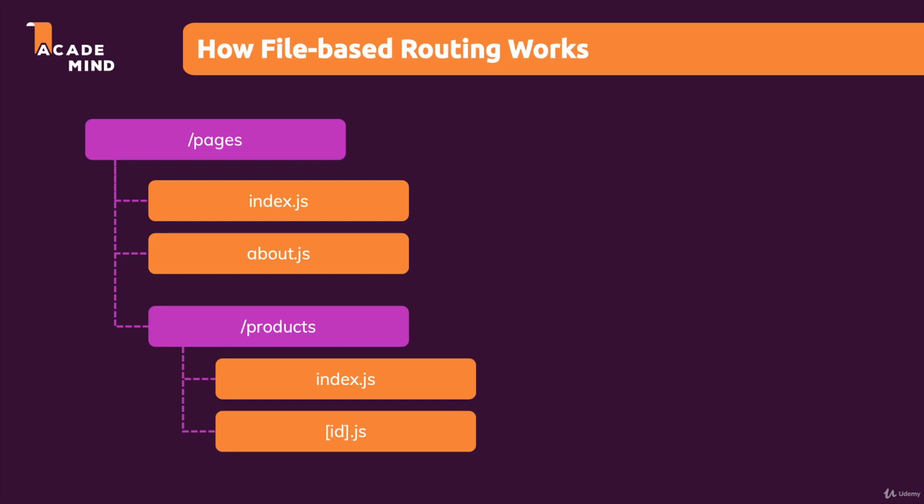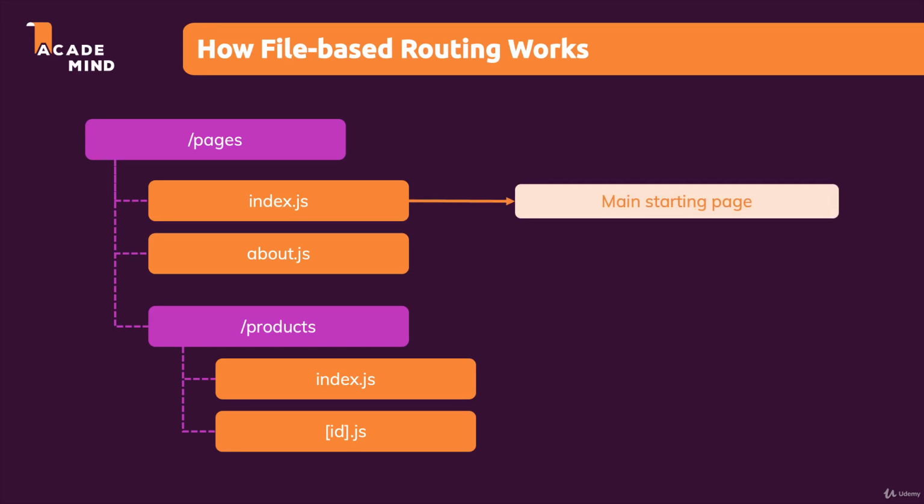Let's first of all have a look at what Next.js would do. It would look at this pages folder and now infer a couple of routes we want to support. For example, based on index.js, it would infer that this should be our main starting page for requests to our domain/nothing, so for an empty path.